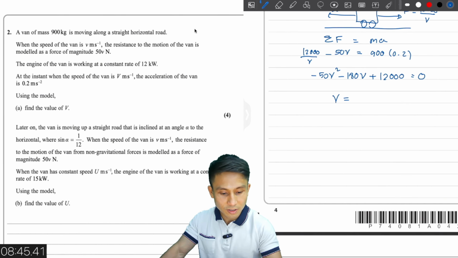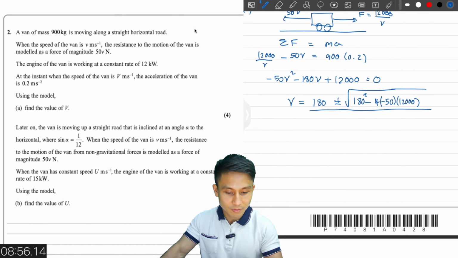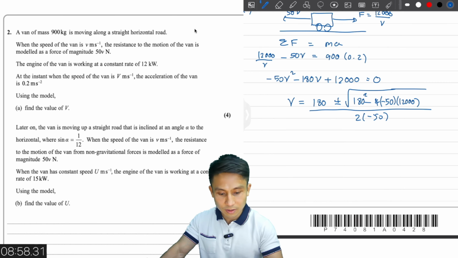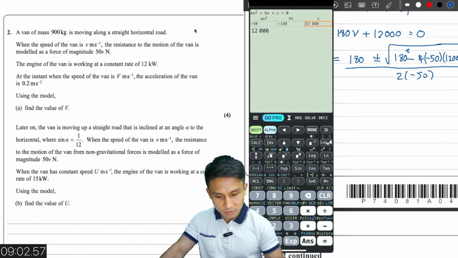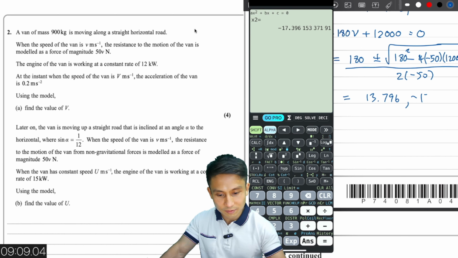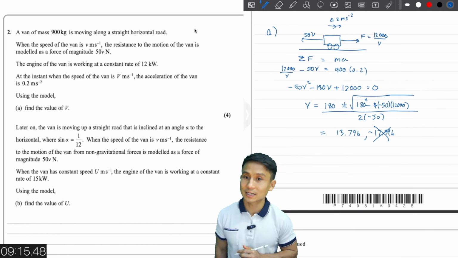So v equals 180 plus or minus the square root of 180 squared minus 4ac, divided by 2a. So we're going to get a positive and a negative one. The positive one is 13.796 and the negative one is minus 17.396, but we reject the negative one because this is a speed.